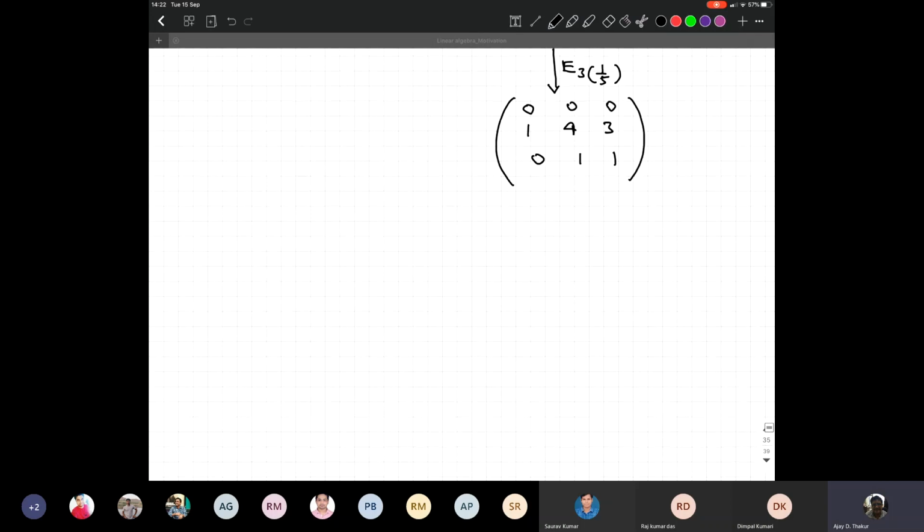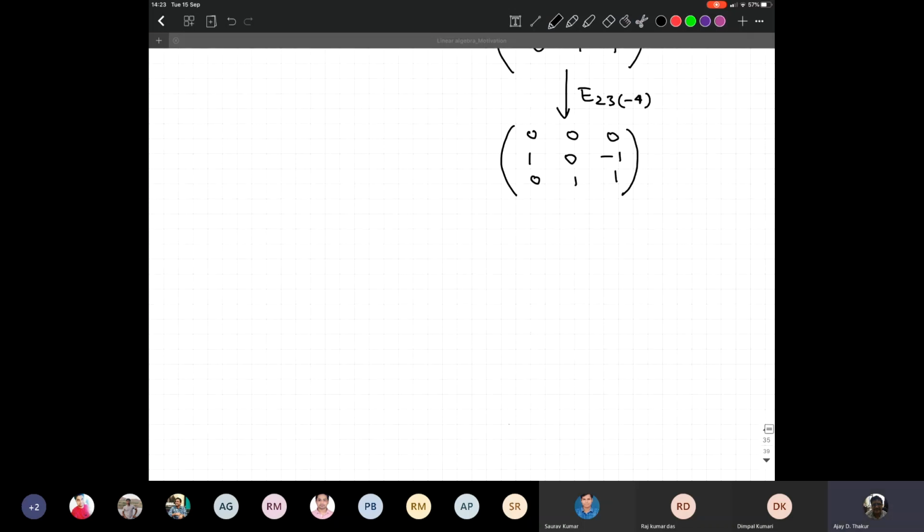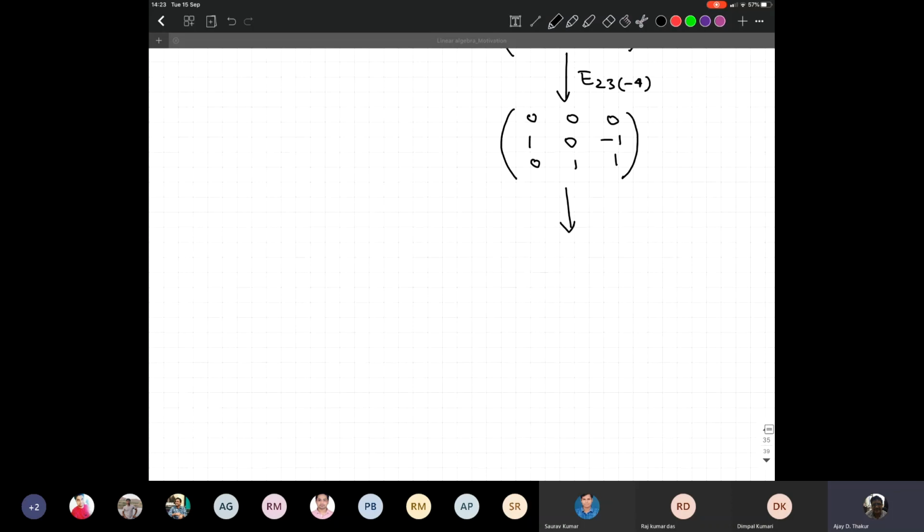Now I can choose maybe E23 minus 4. So I multiply the third row by minus 4 and add it to the second row. So that would lead me to 0 0 0 and then 1 0 minus 1 and 0 1 1. And then I will do 2 row exchanges one by one.